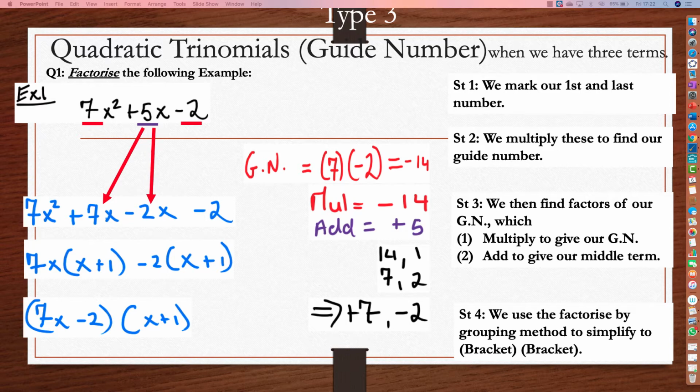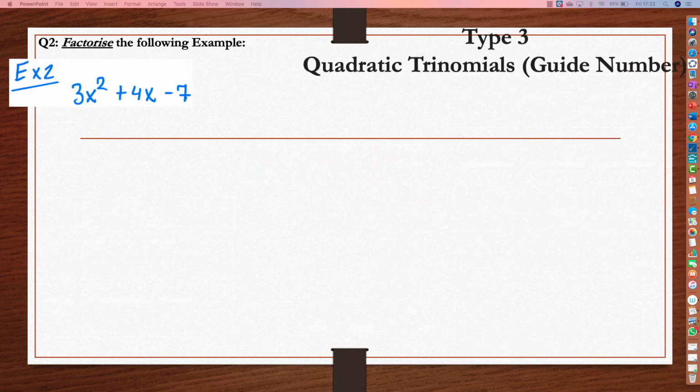Right, how about this one? Factorize that.